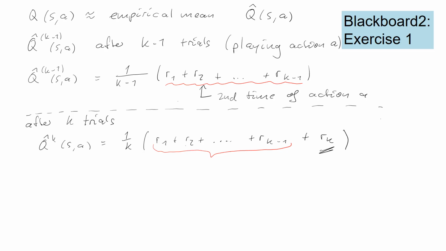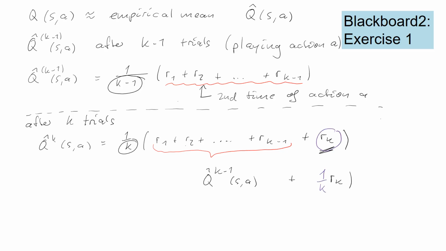So somehow this is Q hat K minus 1 of S and A, and RK. And I say somehow because it's not completely true, because the normalization factor is slightly different. So let me account for this. This term RK comes with a 1 over K. That's no problem.